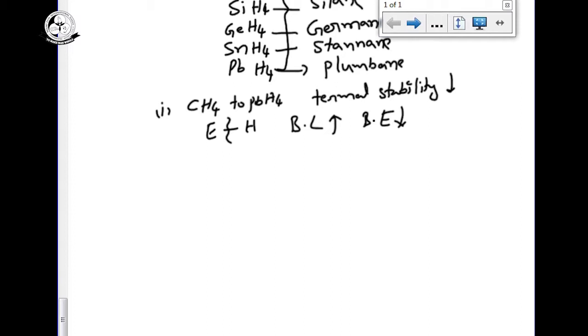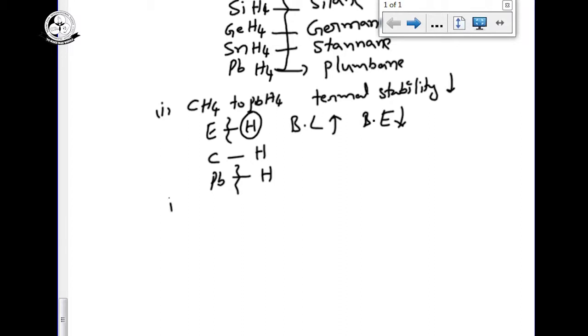Hydrogen is the same, but comparing the C-H bond and the lead-hydrogen bond, the one which is easily breakable is highly unstable. So the C-H bond is more stable than PbH4, because the bond length increases and bond energy decreases.